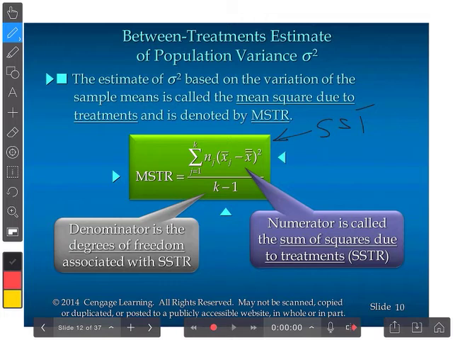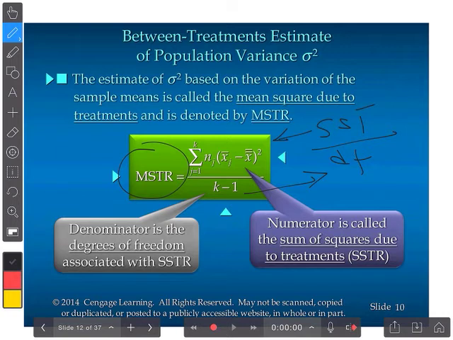And then if we divide it by the degrees of freedom, K minus 1, because there are K treatments, so K minus 1 is our degrees of freedom, we actually get a variance, which we can refer to as the mean square due to treatments. All right, so remember, mean square is a variance.